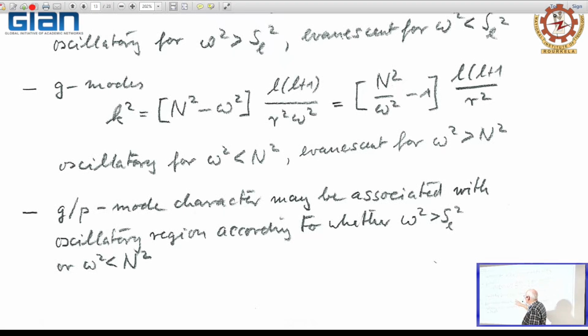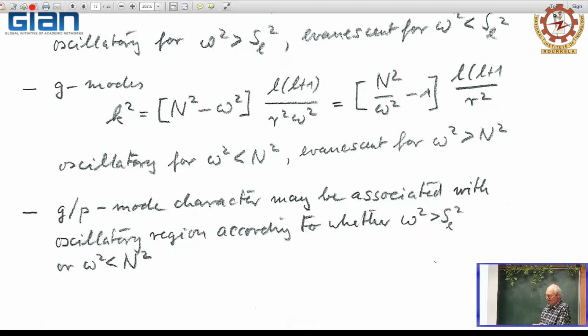Once N squared is positive, we have positive omega squared. These are the G plus modes, and we can now discuss the propagation properties of the G plus and G minus modes in the various domains where we have either convective stability or convective instability.